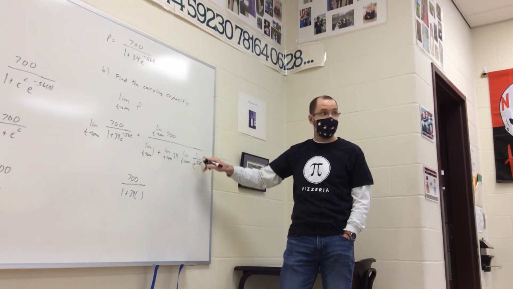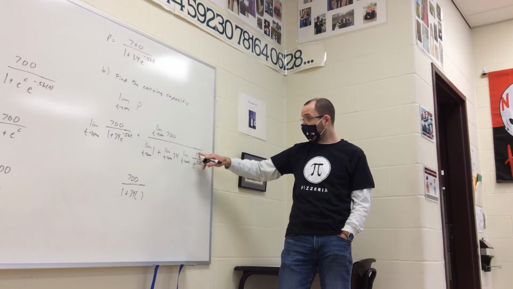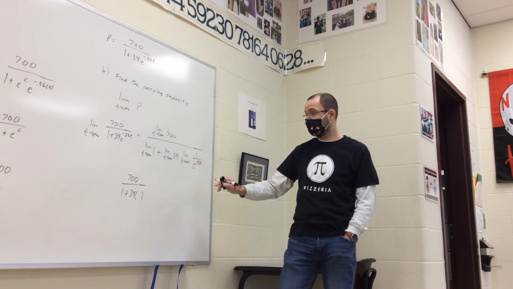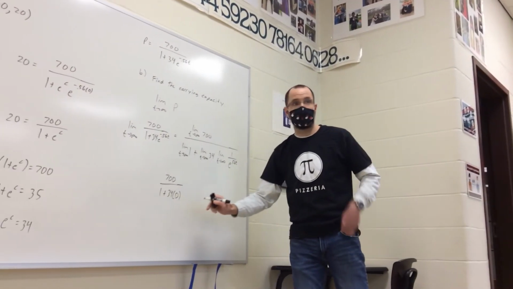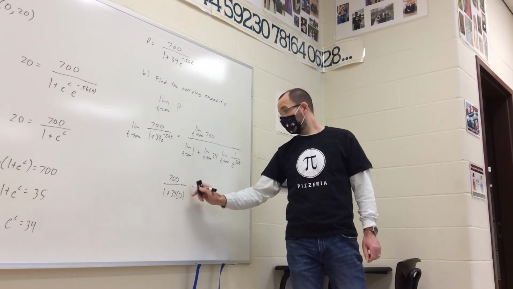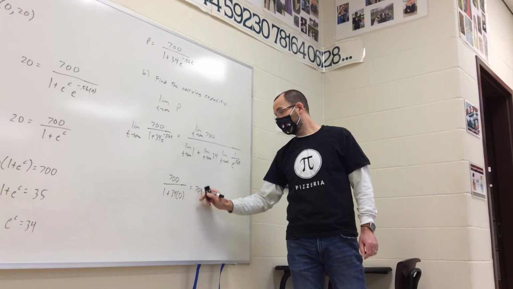That's going to get really big. But then it's 1 divided by that really big number. So that's getting close to 0. So this is 700 divided by 1, which is 700.